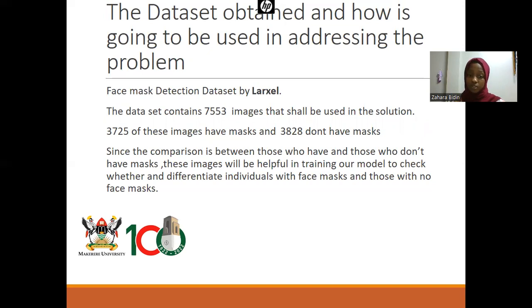Since the comparison is between those who have masks and those who do not, this will be helpful in training our model to check whether the people who have masks are different from those that don't. Therefore, once it's trained, it can easily identify the person who is not putting on a mask and the person who is.